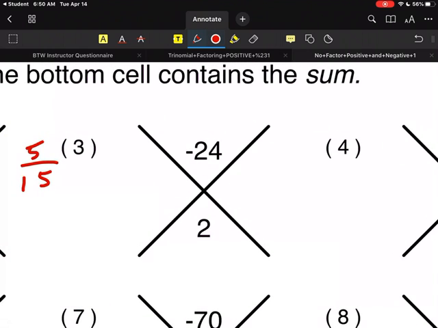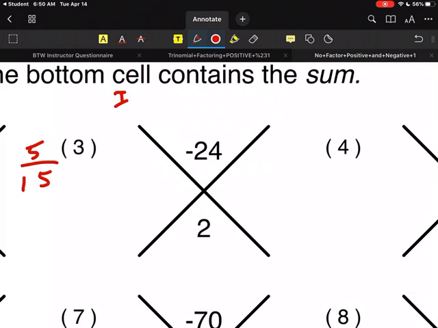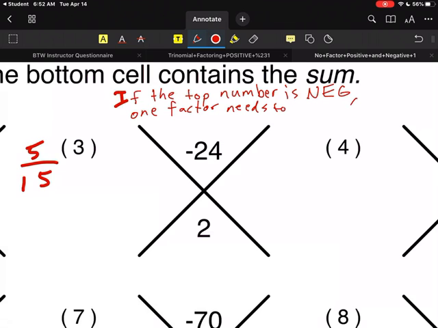There's a couple tricks. I'm going to start with the top number. If the top number is negative, one factor needs to be negative.